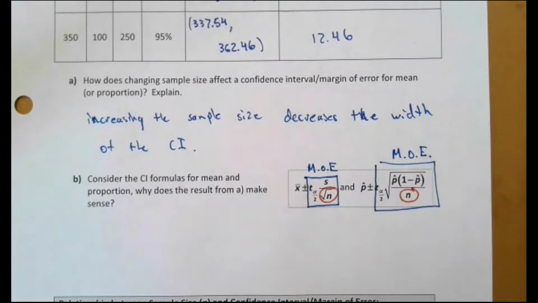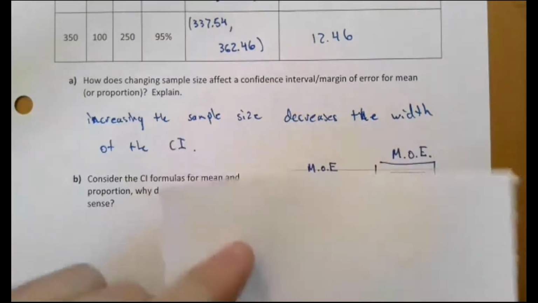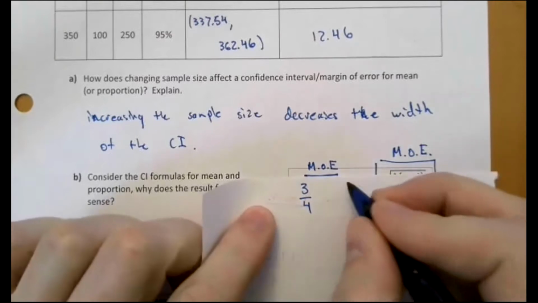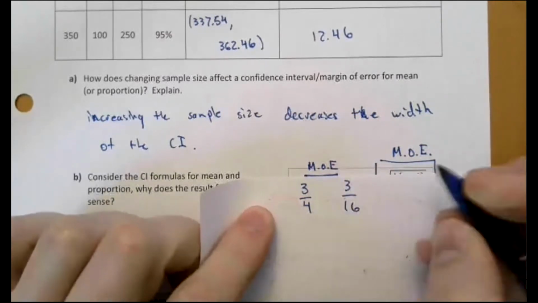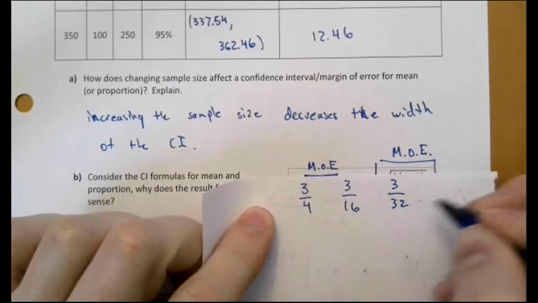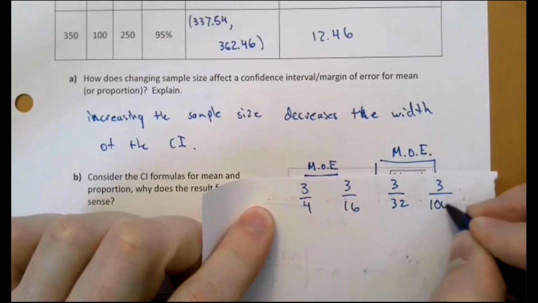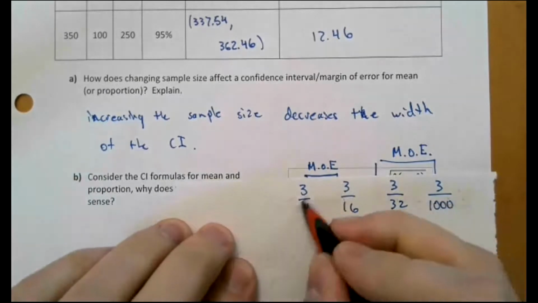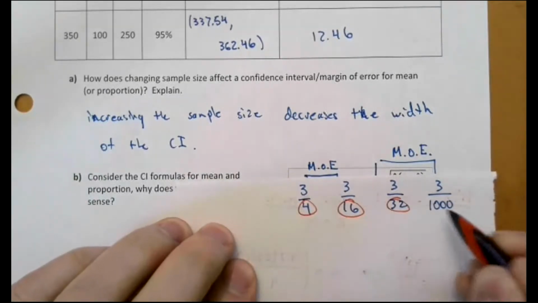So if you take a number and you divide it by a larger number, what happens to it? In other words, 3/4, 3/16, 3/32, 3/1000. What's happening to these numbers as I make this larger and larger?